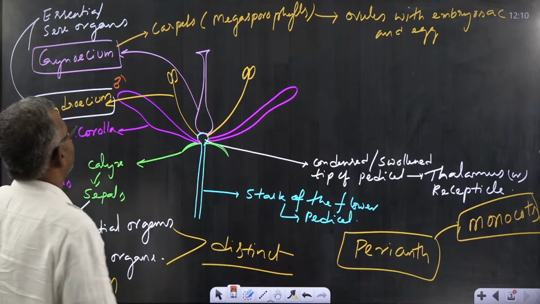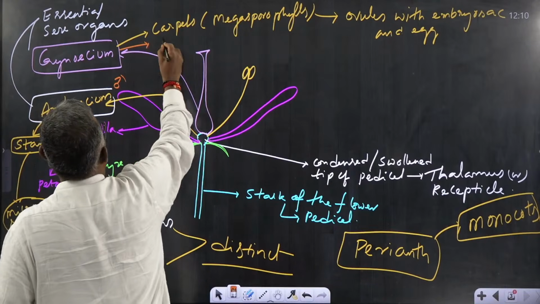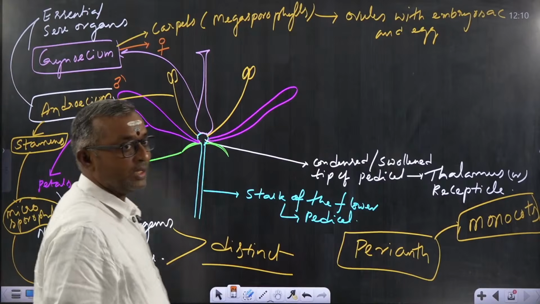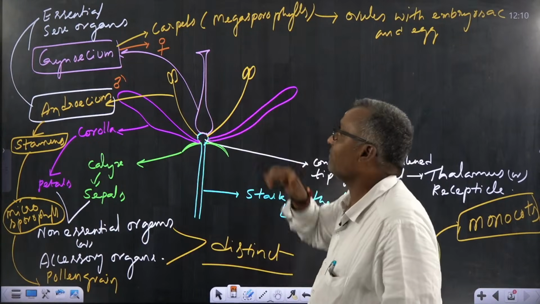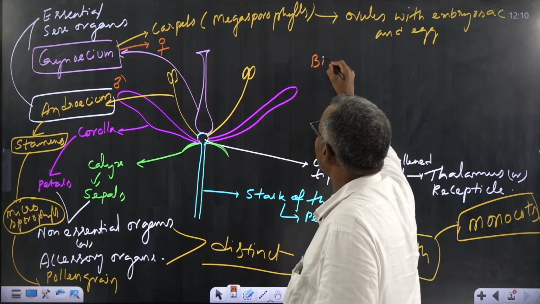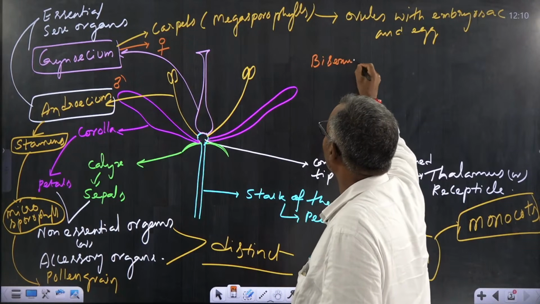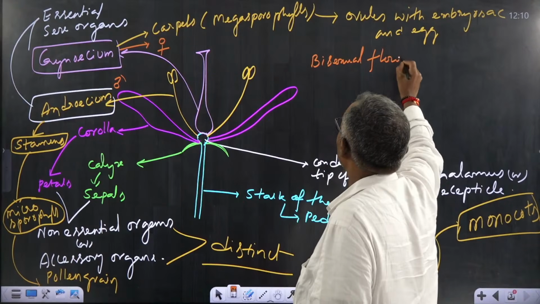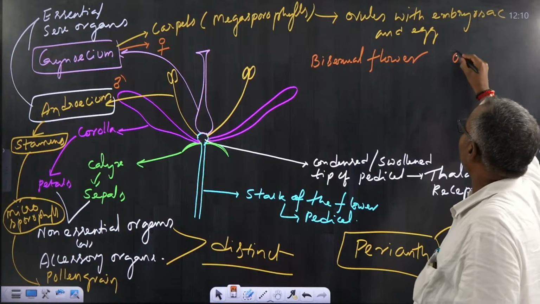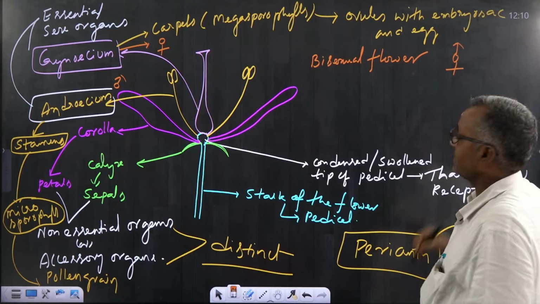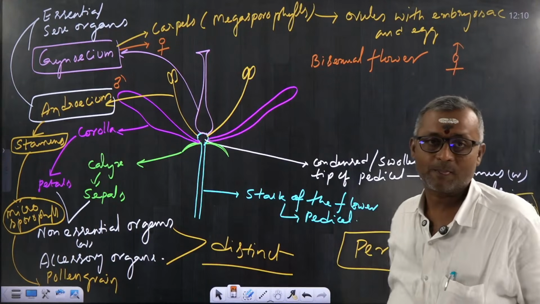You can represent it like this with this symbol. And gynoecium represents the female sex organ. If both androecium and gynoecium are present in the same flower, then the flower is called a bisexual flower. What is it called? Bisexual flower. And this bisexual flower is symbolically represented like this.